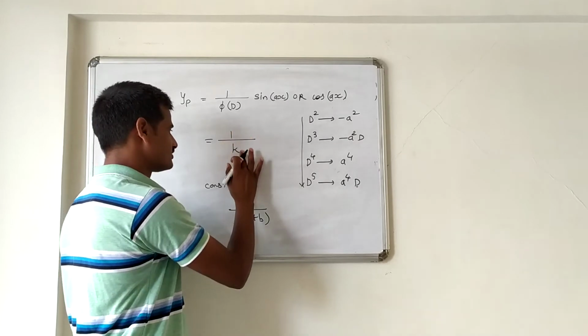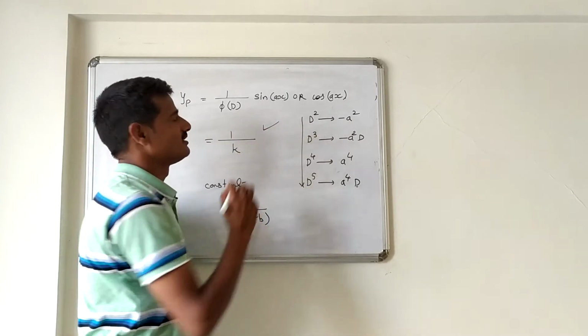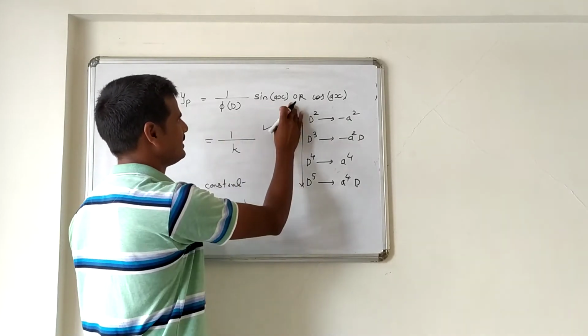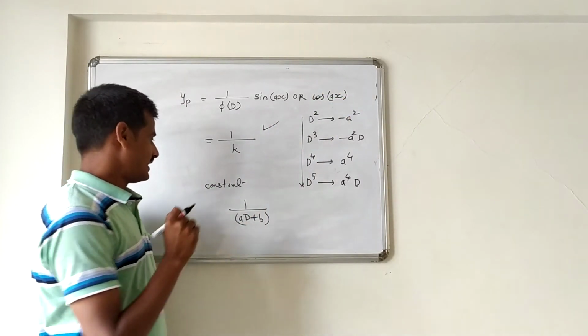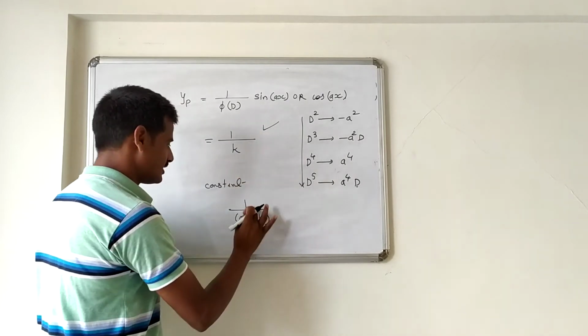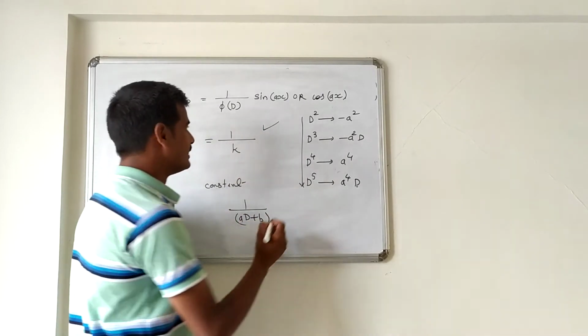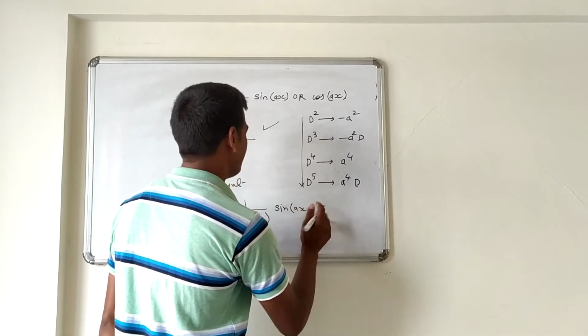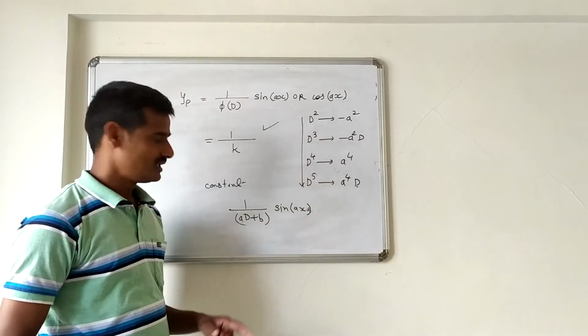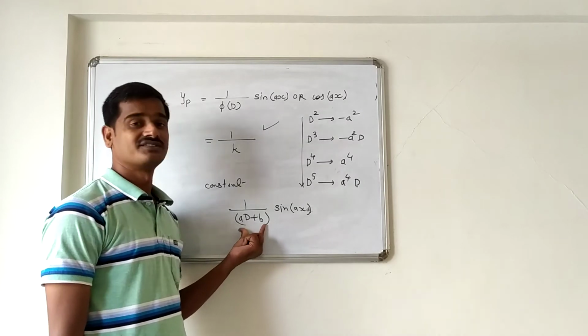If you come across a constant, then this is your particular integral, 1 upon k sine of ax or cos of ax, as the case may be. And if you come across 1 upon ad plus b operated on sine of ax or cos of ax, then how do we overcome this difficulty?